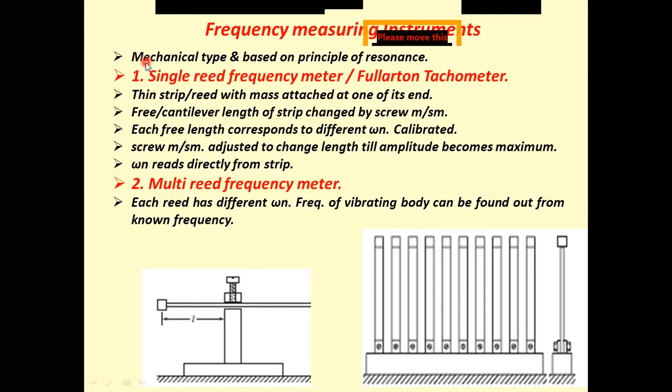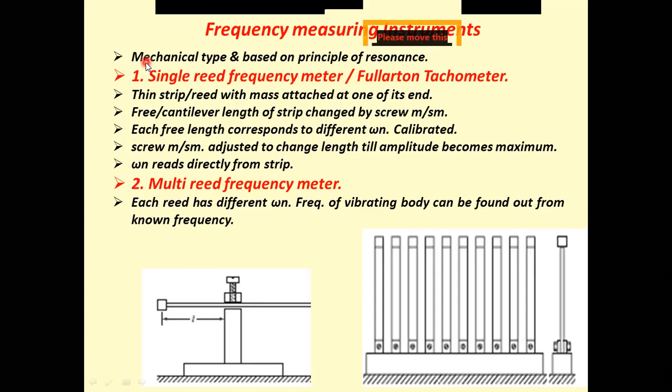That is the principle of resonance. So these frequency measuring instruments are based on the principle of resonance. The following instruments are used for measurement of the frequency of any vibrating body.